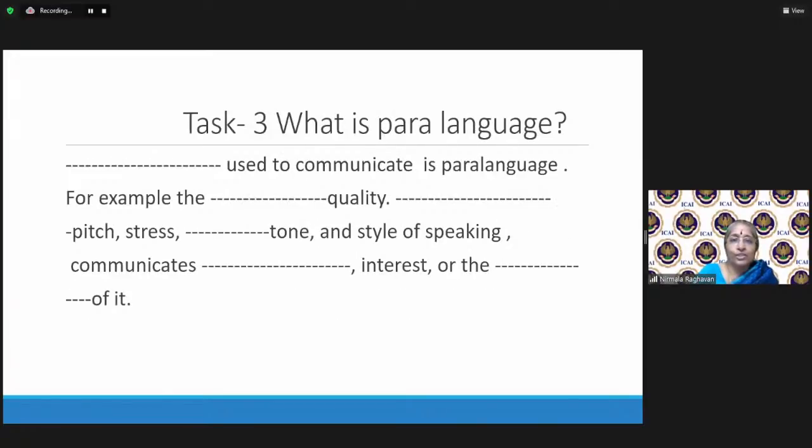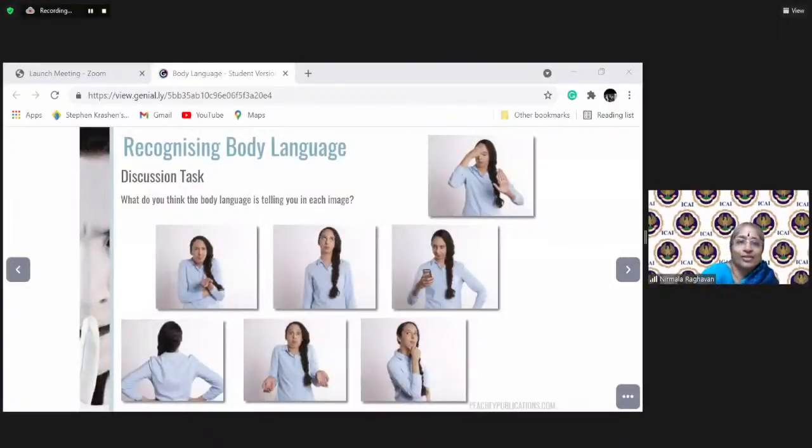Before I go on to this, I also have a few pictures to help you understand clearly what body language means. Now here we go. Recognizing body language. What do you think the body language is telling you in each image? The first one says probably wait, stop, frustrated, disgusted, or wants to think. The second one is like a teasing one. Is it, hey, this kind of.